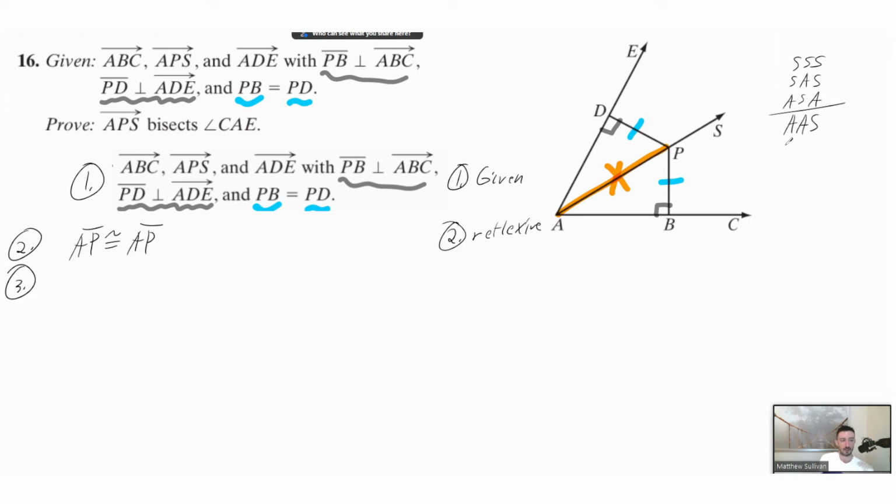AAS, the one that's particularly humorous. That one doesn't work. So it's kind of convenient that it's the only funny one, because it's easy to remember that that's the only one that doesn't work. But technically, it kind of does work if you think about it.